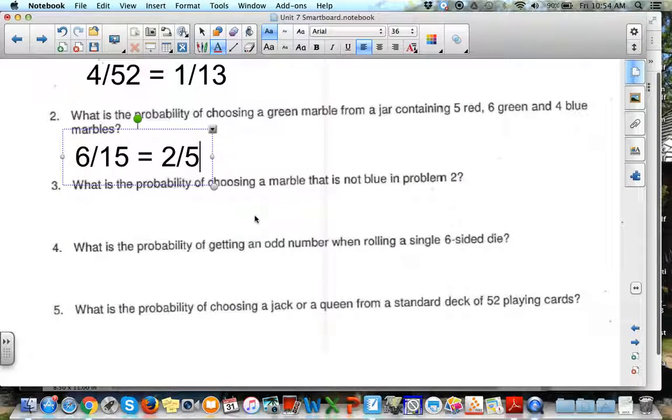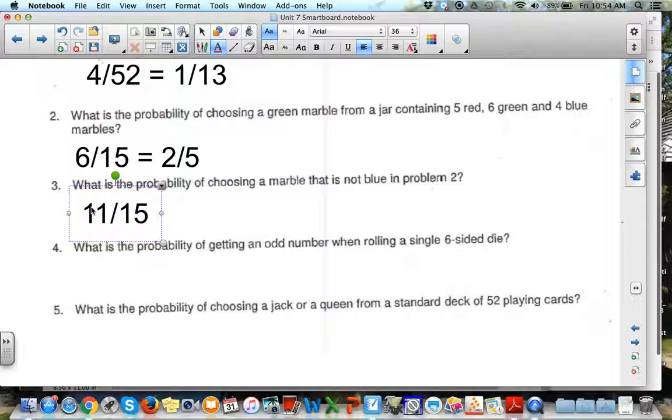Okay, for number 3, what is the probability of choosing a marble that is not blue in problem 2? Well, if we don't want blue, that means anything other than blue would work, so that would be red or green. And there are 5 red and 6 green. That's a total of 11 not blue marbles, still divided by our same total, which is 15.